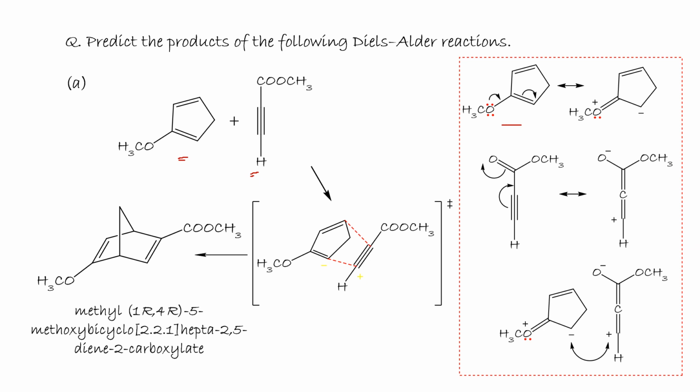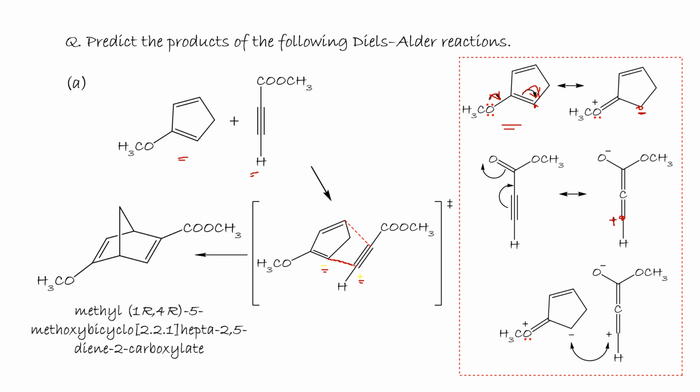Now, here is this one diene. The diene here, the electron density will locate on this carbon. Here is the dienophile, the resonance showing that this is electron deficient carbon. So we get this carbon near this carbon. This carbon has a negative, I put it here, and here is the electron deficiency site.